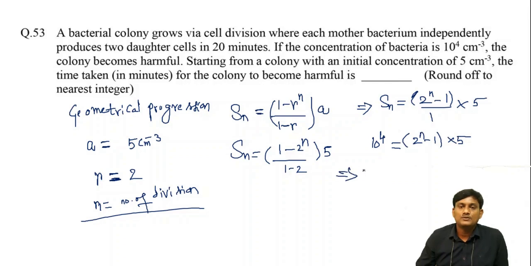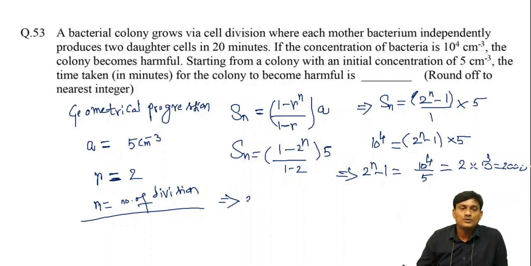That implies 2^n minus 1 is equal to 10^4 by 5. It will be equal to 2 into 10^3. It's 2000. That implies 2^n is equal to 2001.